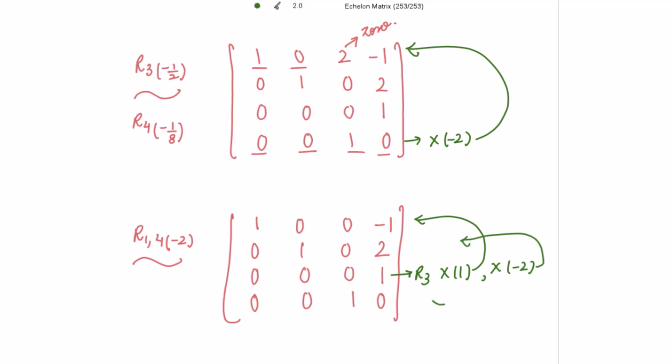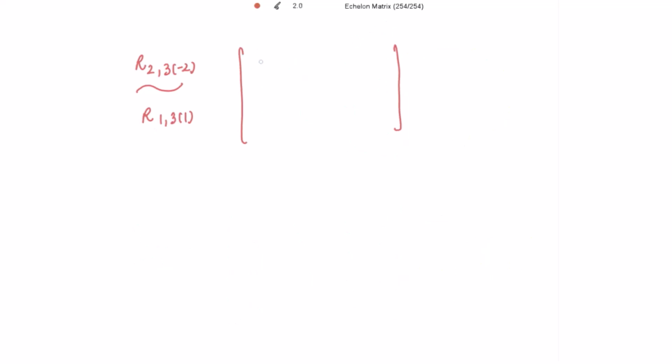So applying these two operations together, row 1 is changed into 1, 0, 0, 0 and row 2 is changed into 0, 1, 0, 0. Writing the third row as it is and the fourth row as it is.